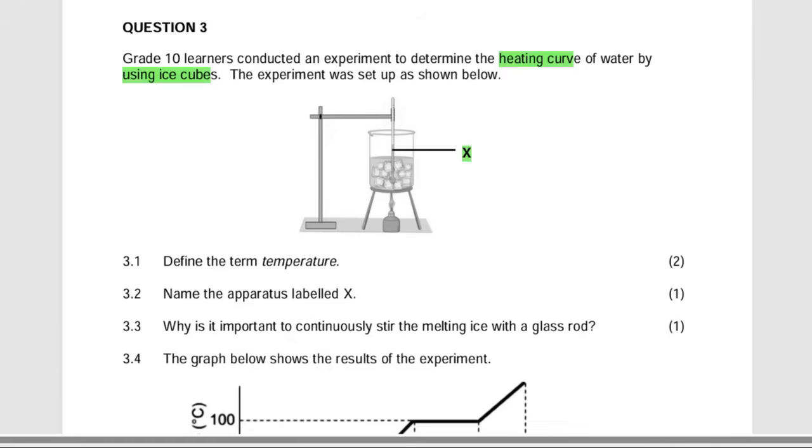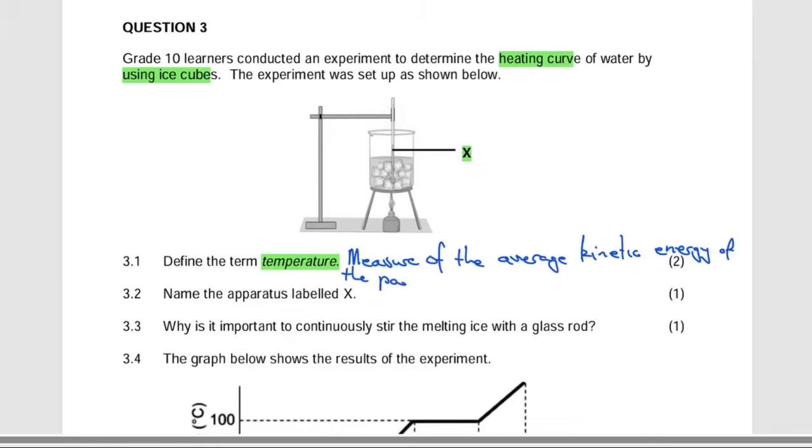Then they're saying define temperature. I would advise you to make use of your exam guide and try to memorize all these definitions, because they are very important. Temperature is the measure of the average kinetic energy of the particles.